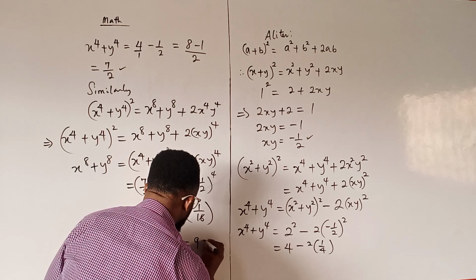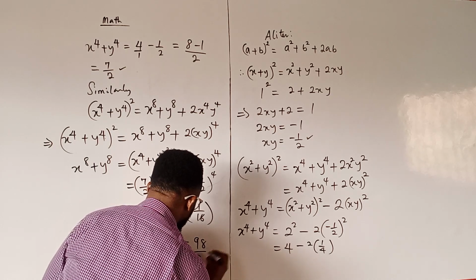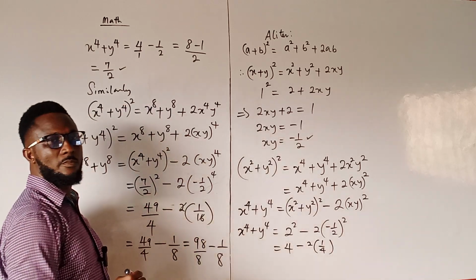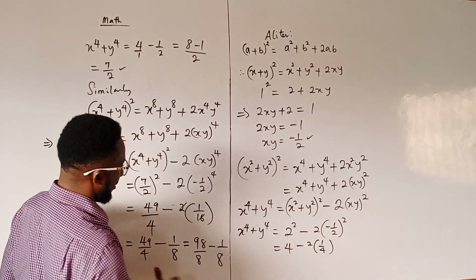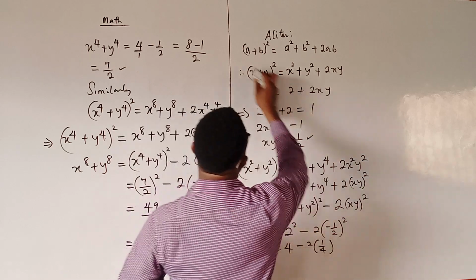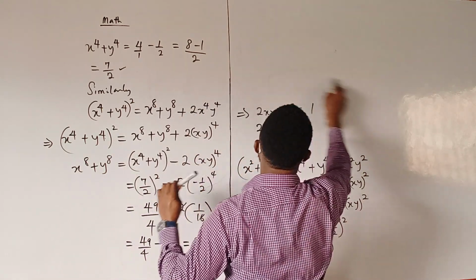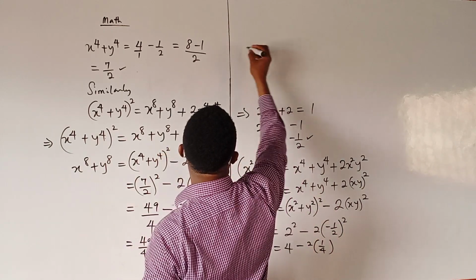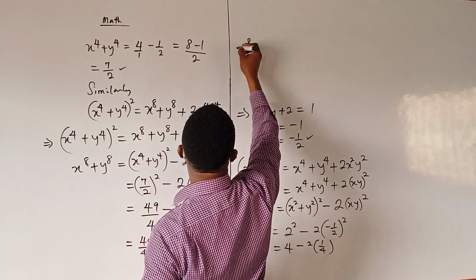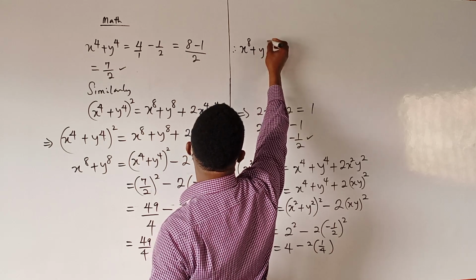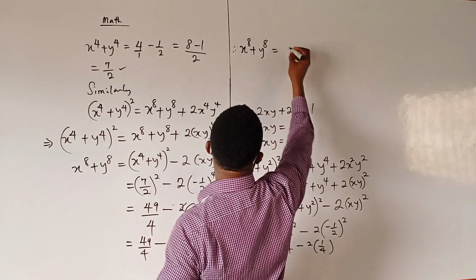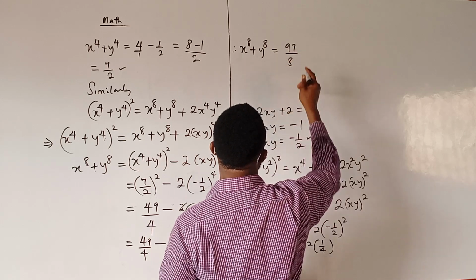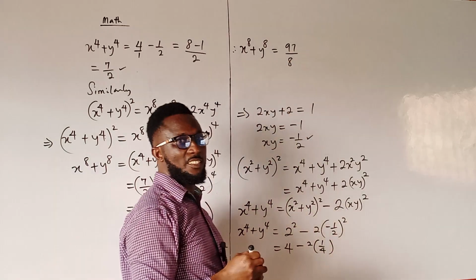This is 98 upon 8 minus 1 upon 8. Because the denominators are the same, I can simply subtract the numerators. Therefore s to the 8th plus y to the 8th is going to give us 97 upon 8. So this is the final answer.